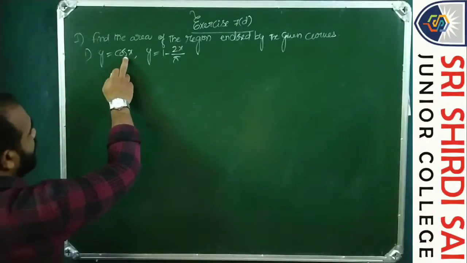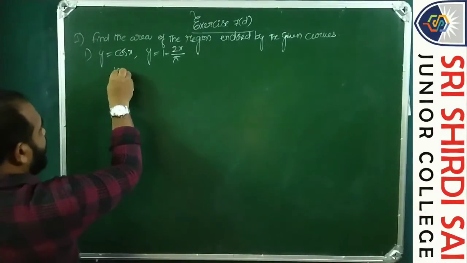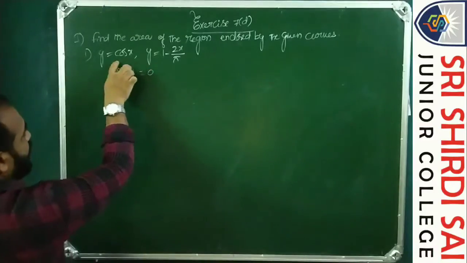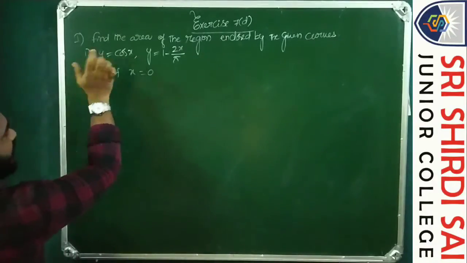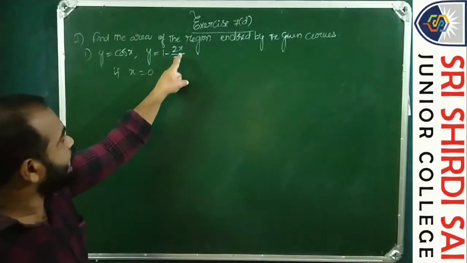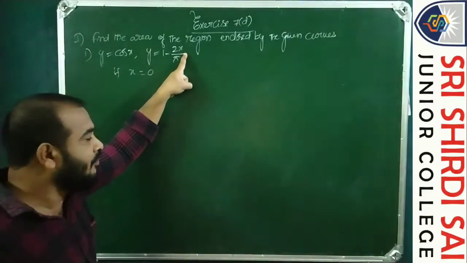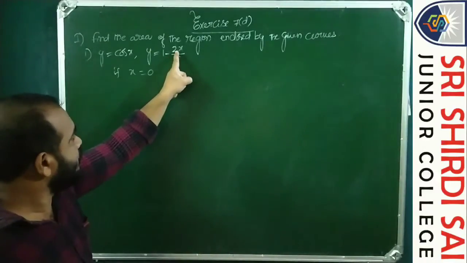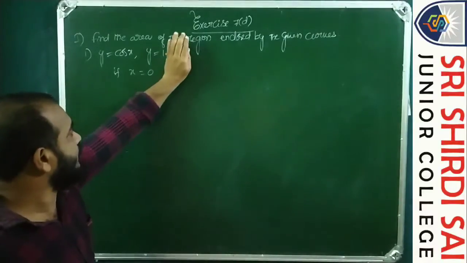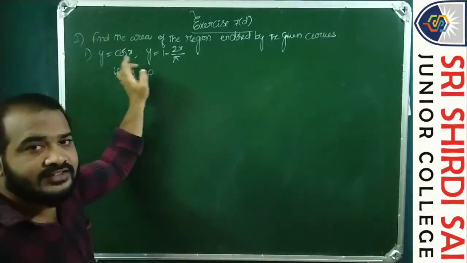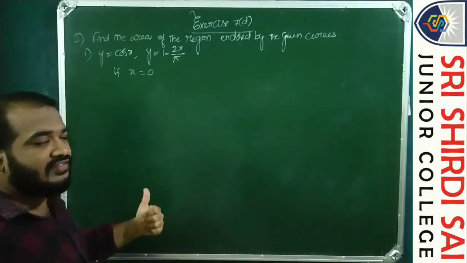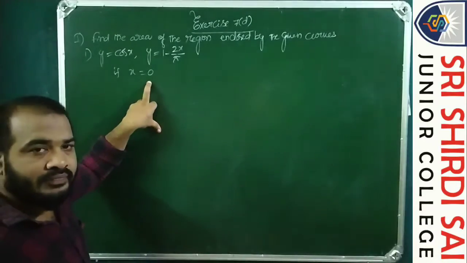For example, if you substitute x equals 0, cos 0 is 1, so y equals 1. And if you substitute x equals 0 in the other, 1 minus 2 into 0 by pi is 0, so both yield 1. That means both are intersecting at x equals 0.